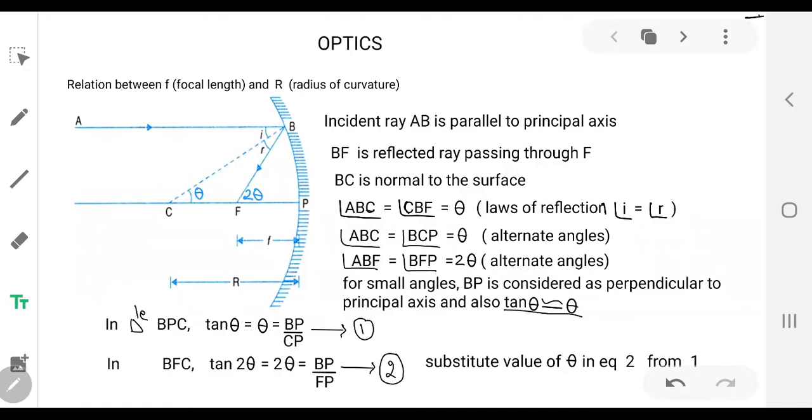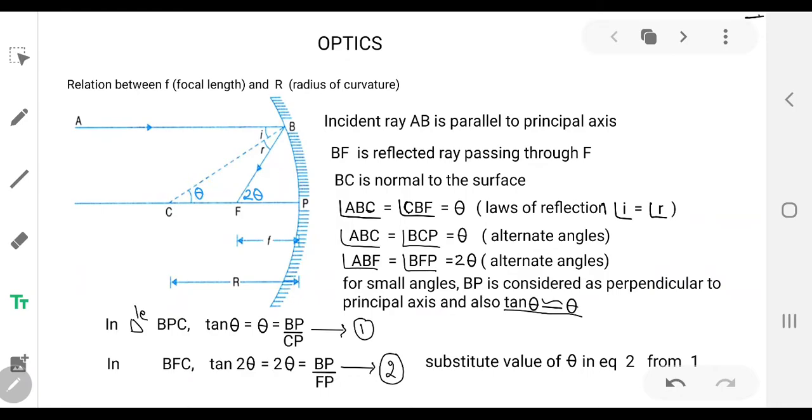The focal length you have to take half of the radius of curvature, or the radius of curvature you have to take double the focal length. So in the second part I have mentioned this point. For time being you have to take radius of curvature double the focal length for drawing purpose. In the next session we shall study how that relation is.